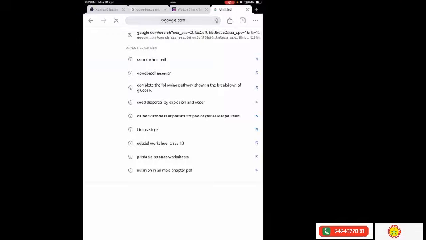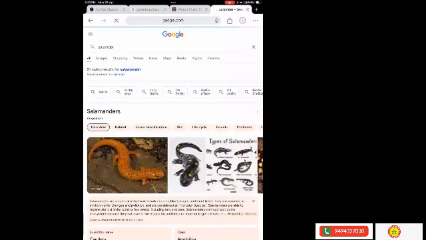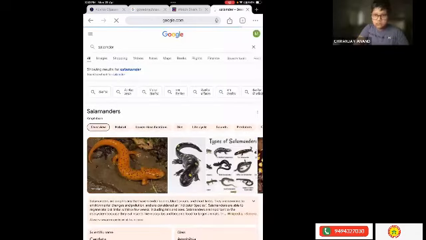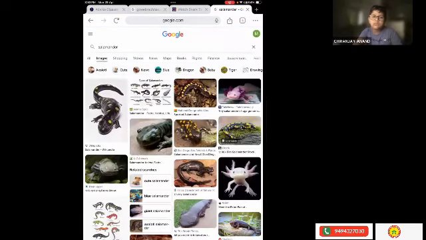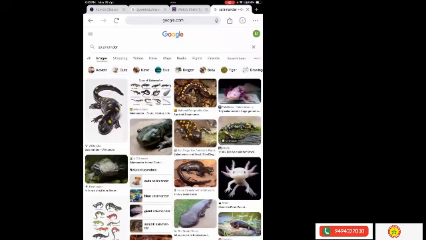What is called an adaptation. So these are the salamanders. They are kind of like lizards. Different types are there.